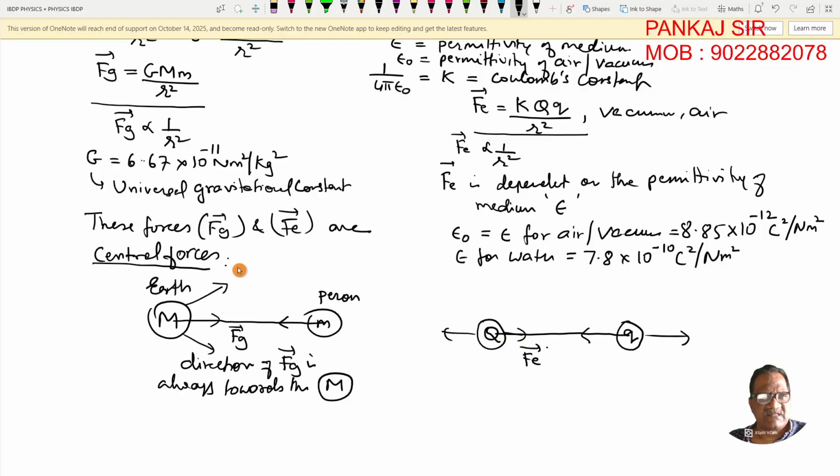Central forces always act along the line joining the two objects. In a gravitational field, the two objects are two masses, and in an electrostatic field the two objects are nothing but the charges, capital Q and small q.